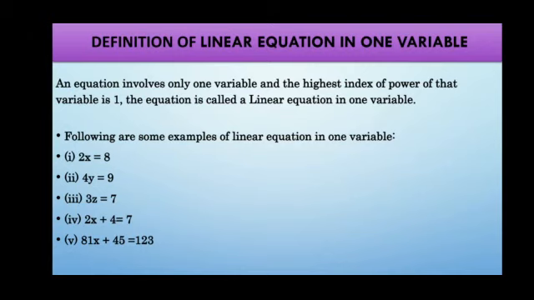These are linear equations in one variable, because all of the variables have index power 1 and all of the examples have one variable. That's why it is a linear equation in one variable.